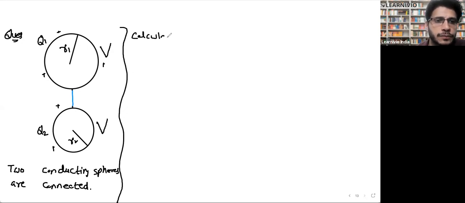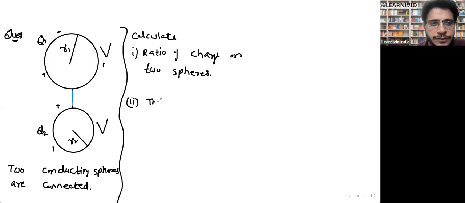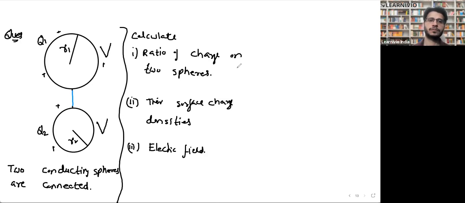Calculate: first, the ratio of charge on the two spheres; second, their surface charge densities; third, their electric fields.